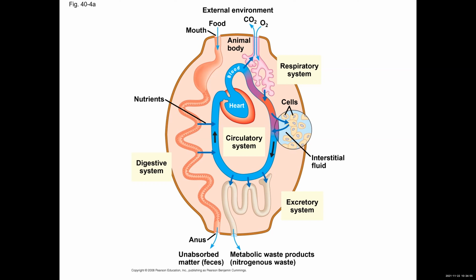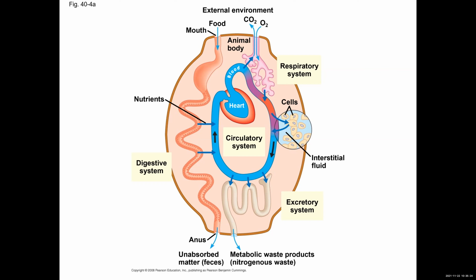Now, the excretory system is going to be taking metabolic waste products. So remember, metabolism is a way of saying all the chemical reactions that happen in the body. So chemical reactions that occur during the processes of digestion and breaking down and building other molecules inside the body are going to generate some kinds of waste products.